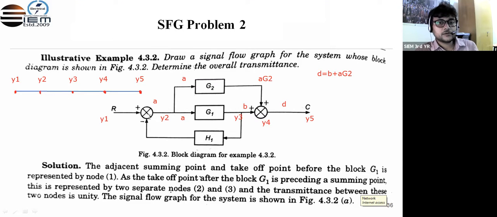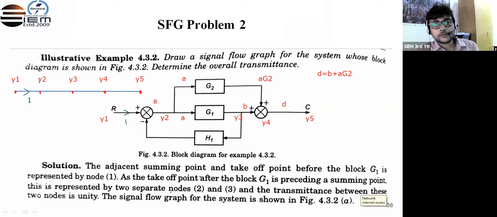Now y1 to y2. So y1 is nothing but r. So y1 to y2, what is the value? Because y2 by y1 is nothing but 1, so this value will be 1.